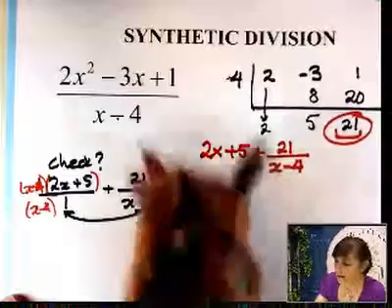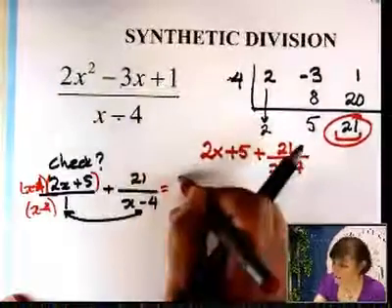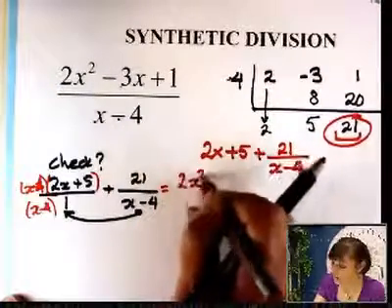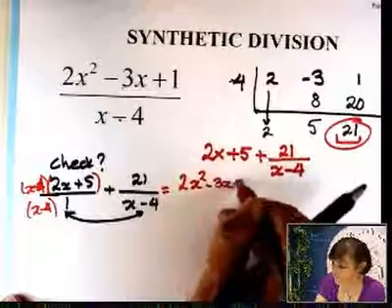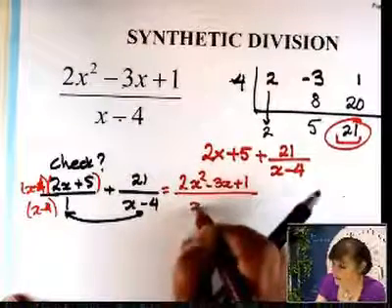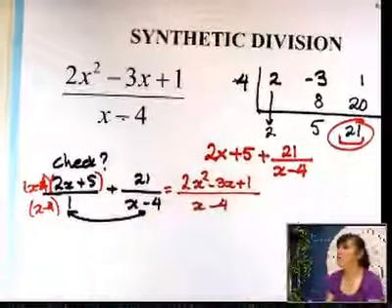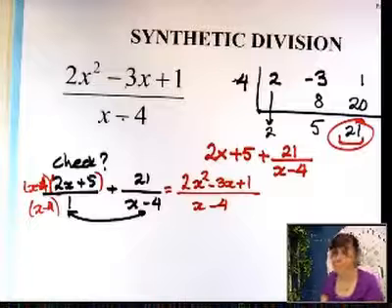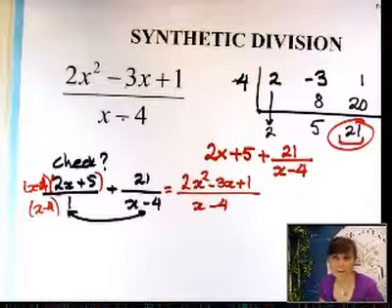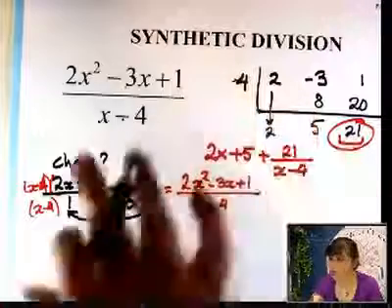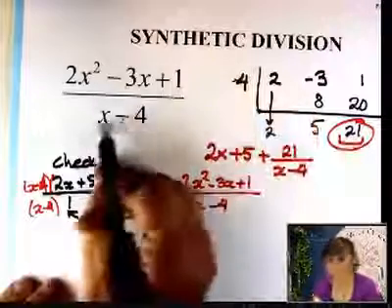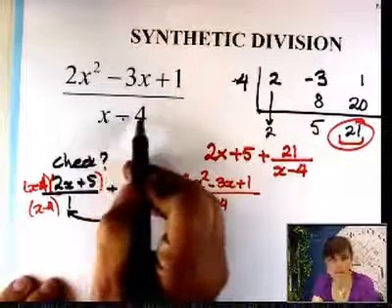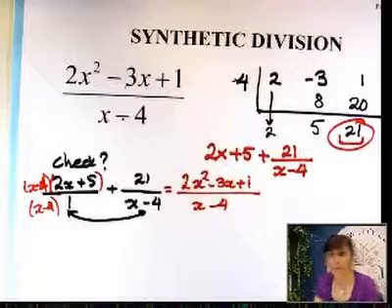And if you get this original answer, then you're right, and in this particular case you sure do. Okay? So make sure you check your work, and if you want a lot of speed, use synthetic division, but it only works with x plus something, x minus something, nothing else, and you'll be okay.